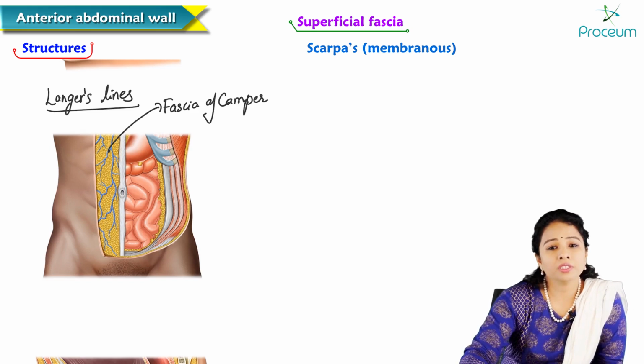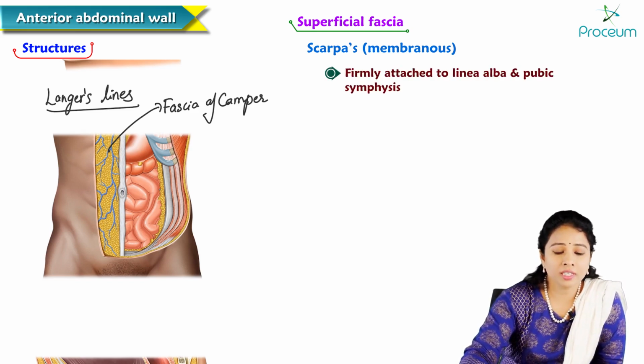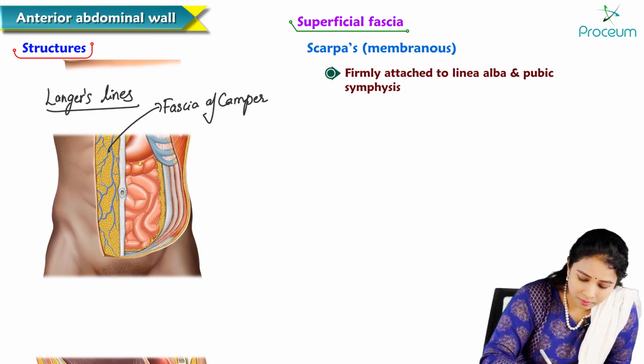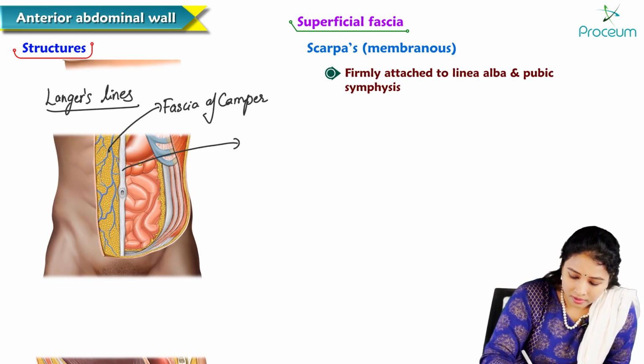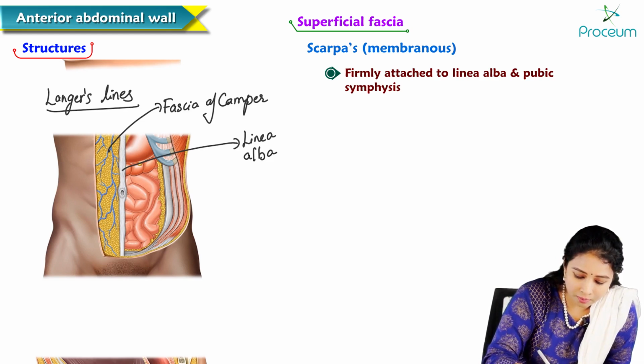So Scarpa's fascia is firmly attached to the linea alba. So this is the midline raphe, the linea alba, which extends above and below the umbilicus.